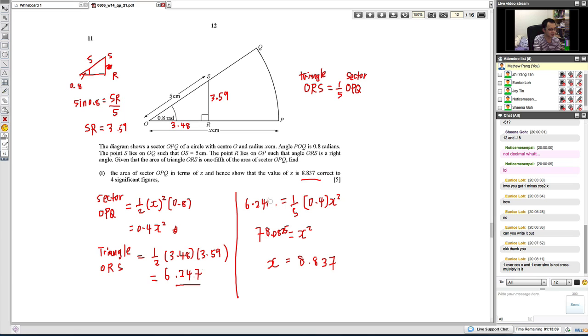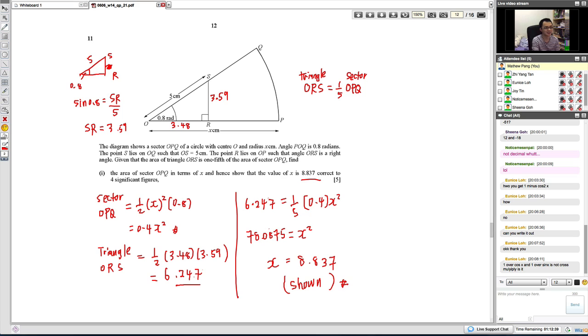This one will change to 7, and then this number will change, and then I will get the correct answer. So this is 47. So I will use 6.247 multiply 5 divided by 0.4. Then I will get 78.0875. Alright, then I will square root it. Then I can get the correct answer. Then I will write shown.